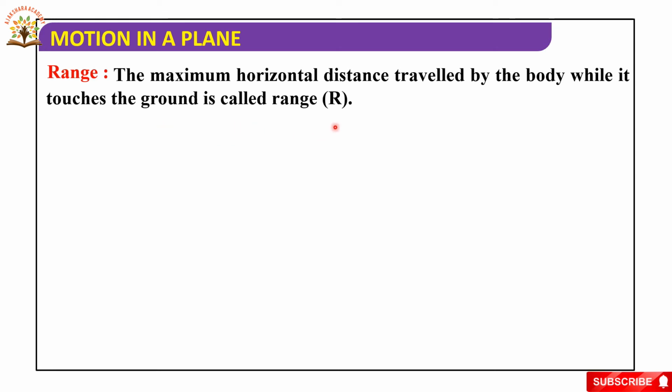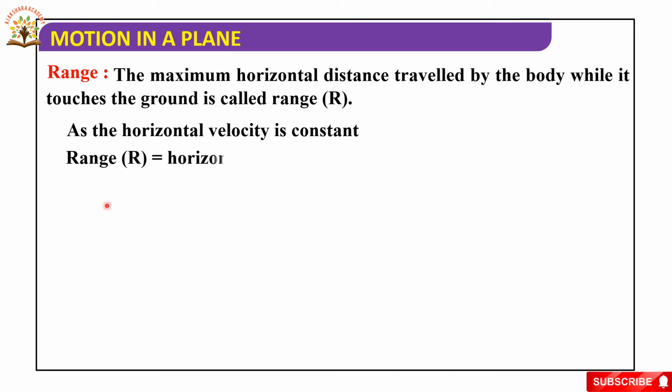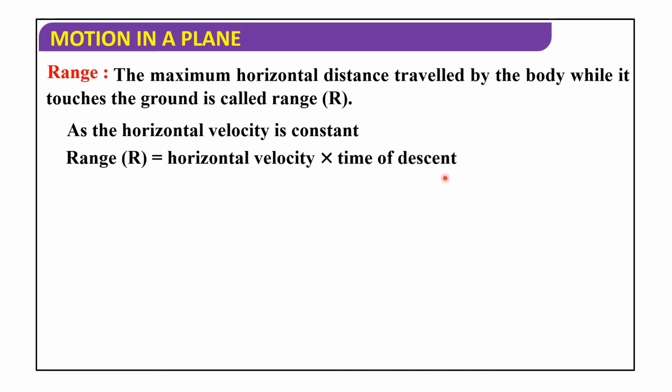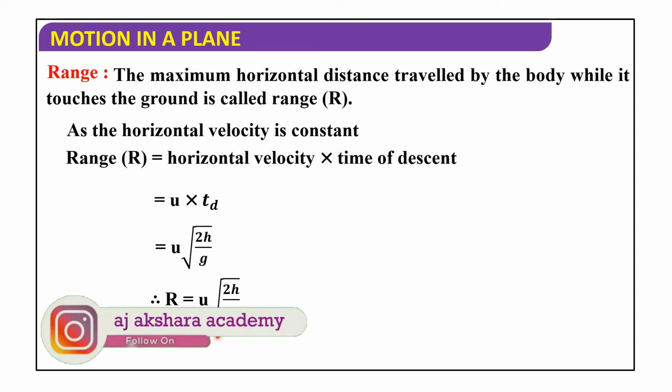It is denoted by the letter capital R. As the horizontal velocity is constant, range R is equal to horizontal velocity into time of descent. So u into td, where td is root of 2h by g. Therefore R is equal to u root 2h by g.